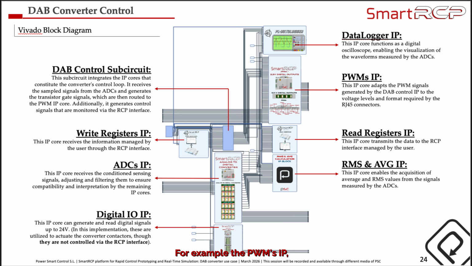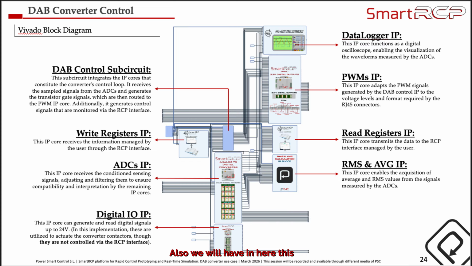For example, the PWM IP, the register IP, the ADC IP, the digital IO IP, etc. Then we will have a couple of IPs closely related to the user interface, which are the write register IP, this one, and the read register IP. Those two IPs are the ones that will be continuously interchanging information with the user interface.